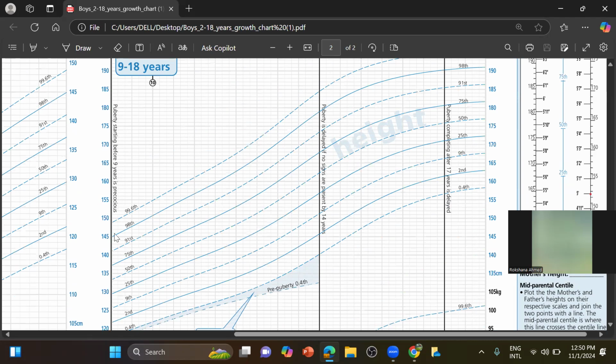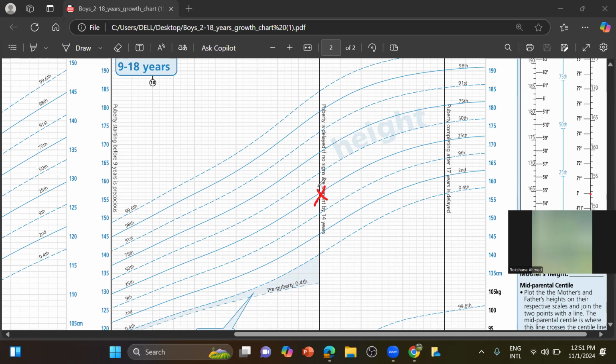Suppose normal, we can take it as the ninth centile or 25th centile. So the child is now on the 25th centile, and from the parent height comparator, we found that the mid-parental height is the 27th centile.